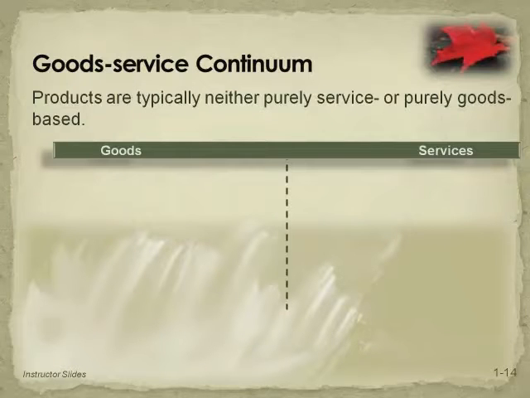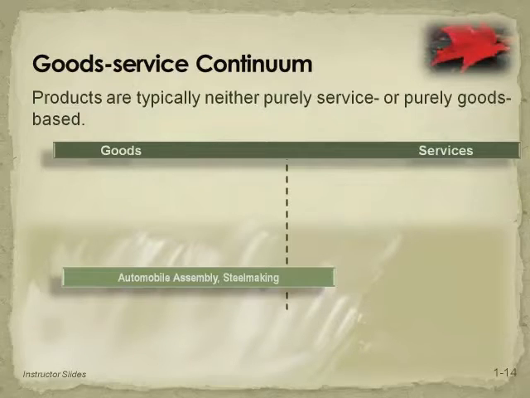Now, goods and services. Every company is either producing goods or services. But every good or every service usually has a combination. It's rarely either pure service or pure goods. Here's a few examples. If you buy a car, well, the car is mostly product, is mostly goods. It's physical, it's tangible.